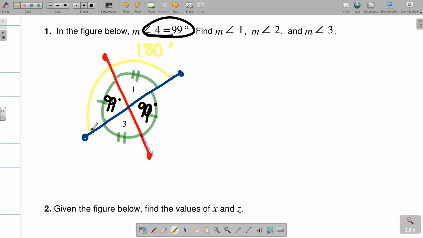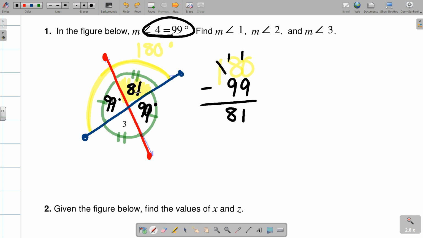And then if you physically sweep that rainbow, you can see to get this number 1 angle, it's going to be 180 minus 99. Of course, that's 81. And then the vertical angles are going to be equal to each other. If that's 81, this right here has to be 81.